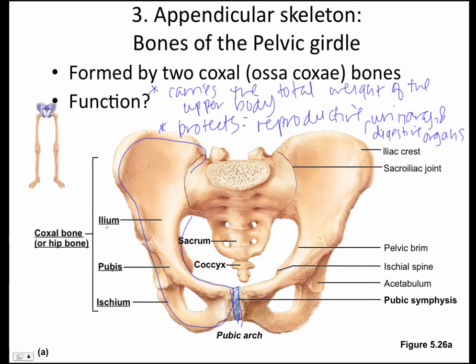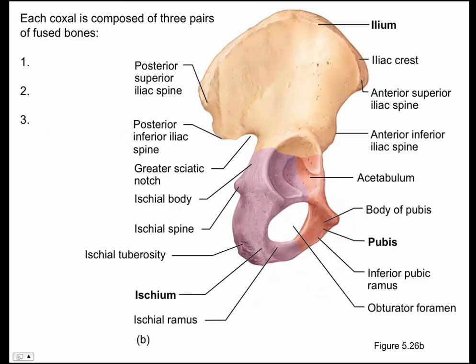And this allows for the stretching and movement of your bones, so you can widen out our hip bone or our pelvic bone because of this right over here. Now, what are these 3 bones that comprise each of our coxal bones? We have the ilium, we have the ischium, and we have the pubis.